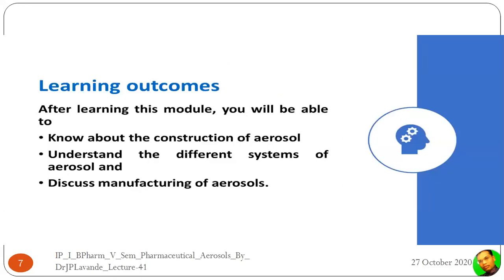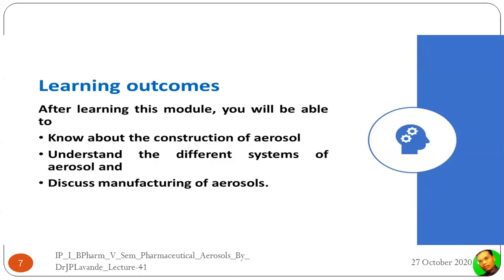Now, as far as today's lecture is concerned, we will cover different things in the coming slides. After going through these slides, you will be able to understand the construction of the aerosol system.